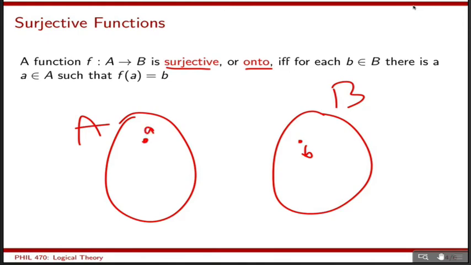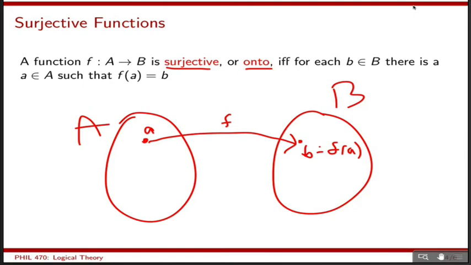So if I take any element in B whatsoever, I have to be able to find some element in A such that f associates A with B, such that B is equal to f of A. Okay?